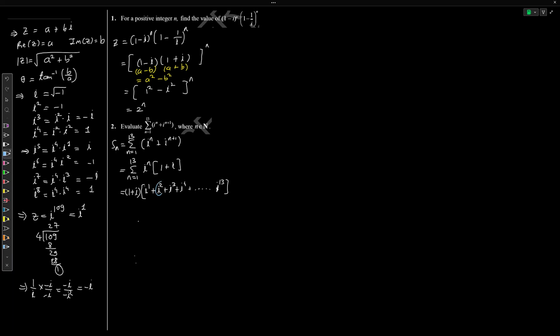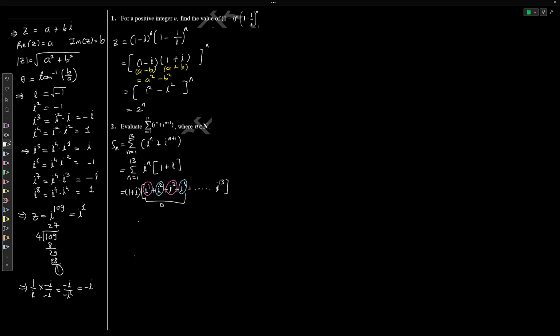What is the value of i square? Minus 1. And i raised to 4 is 1. So both can be cancelled out. Similarly, what is i cube? Minus i. And here we have plus i. So we can say summation of the first 4 terms will be 0.